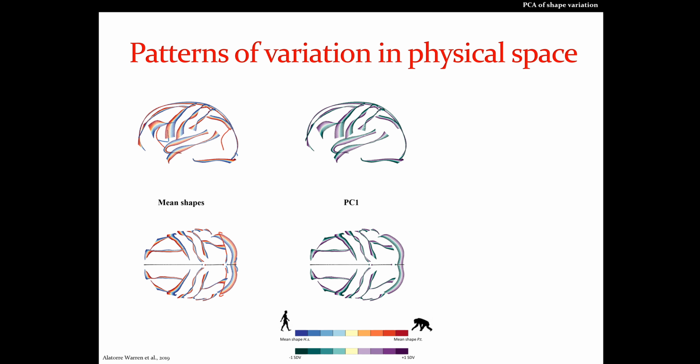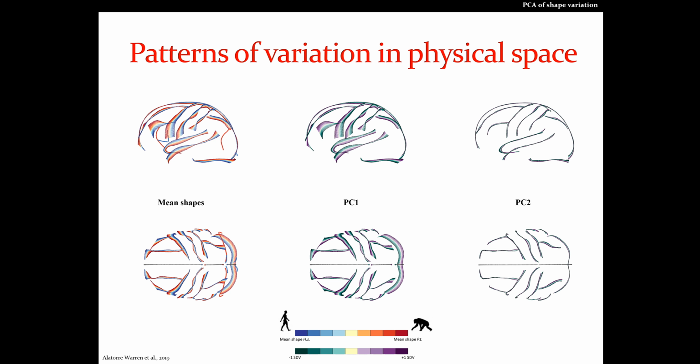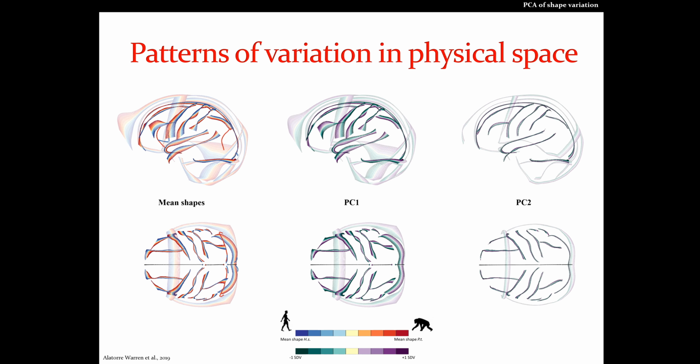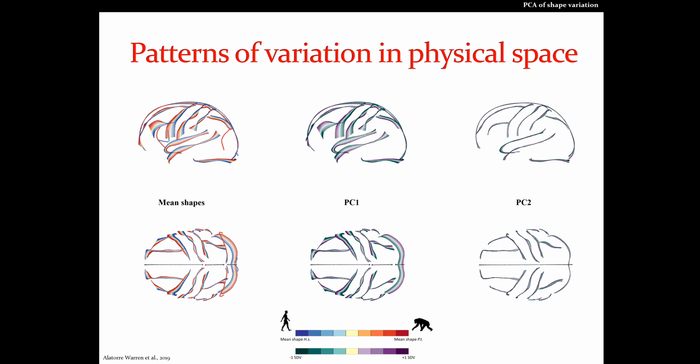As you can see, these images are almost the same as the one on the left, meaning that the mean shapes are more or less 2 standard deviations apart along PC1, and 2 standard deviations along PC2 represent so little variation that it's even difficult to see it here. Again, when we run a principal component analysis of brain features together with neurocranial features, we see that the patterns of brain variation pretty much stay the same, suggesting that the influence between the two structures is minimal.